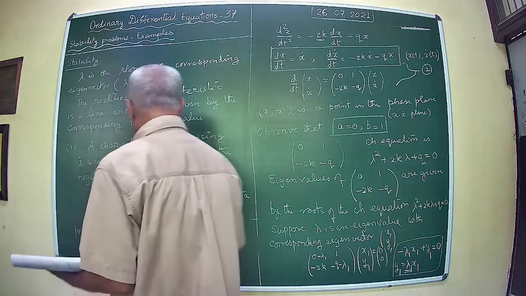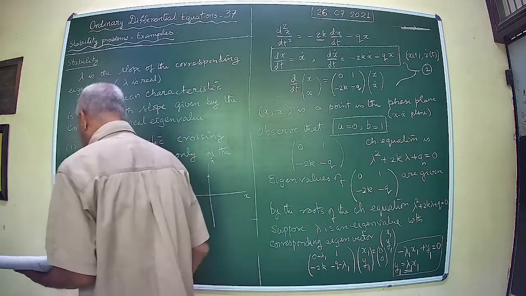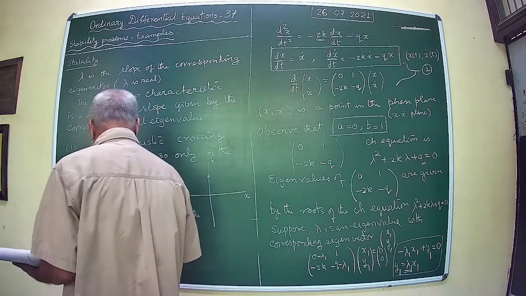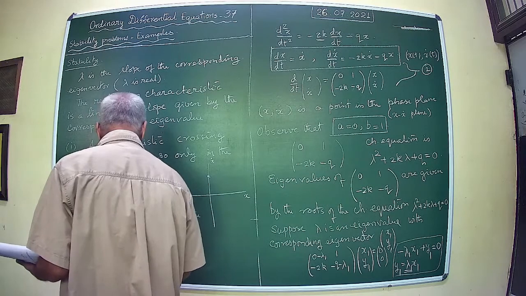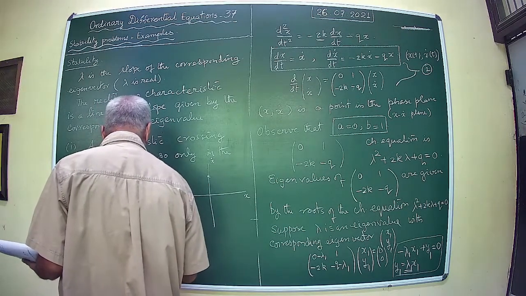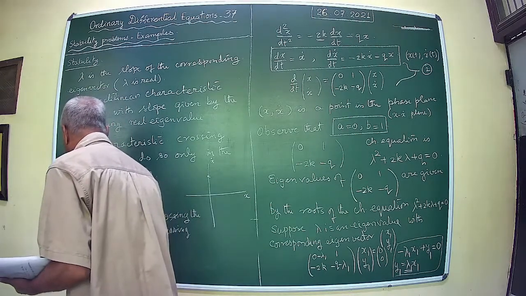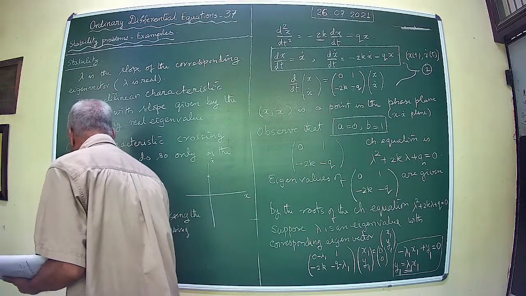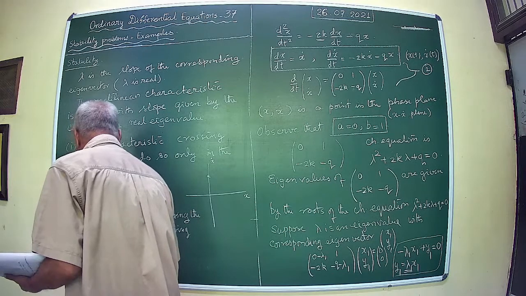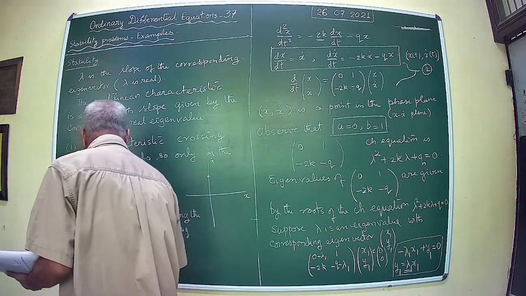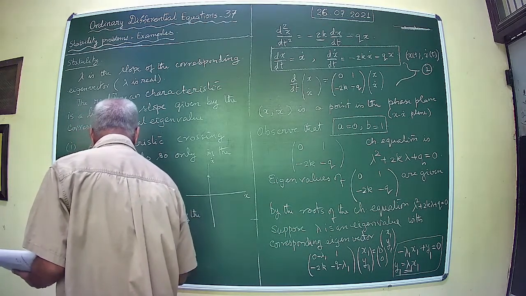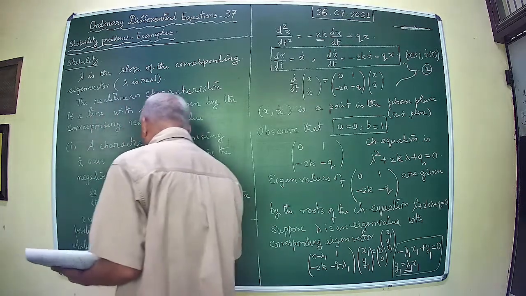And a similar statement when x dot is negative, x is decreasing while crossing the negative x dot axis.